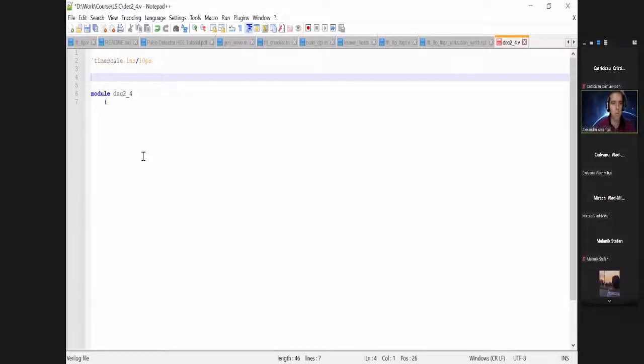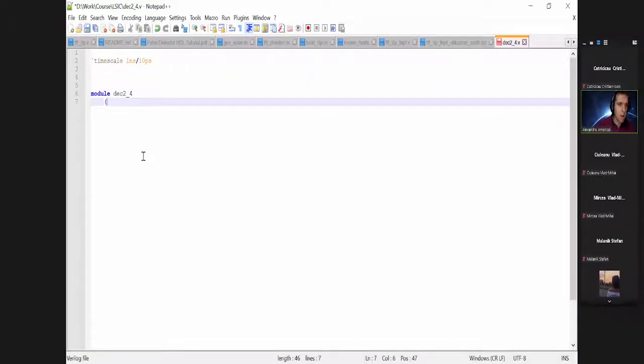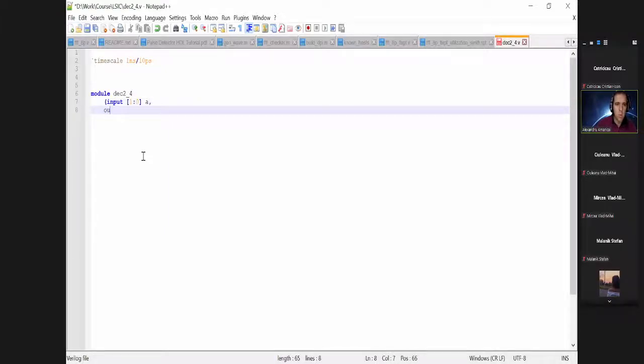So in this case, we have the inputs, let's say input 1, 0. I will represent them in a vector way, let's say A. For the output, we have 2 to the power of 2, 4 outputs, let's say Y.